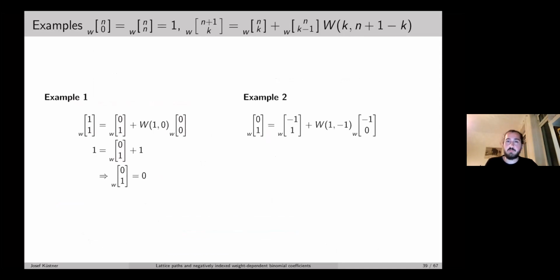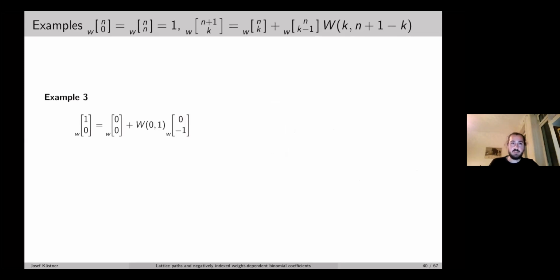Then we want to do some minus signs. We know that 0 choose 1 is 0 from example 1. We know that minus 1 choose 0 is 1 from the initial conditions. So we can compute minus 1 choose 1, which is now minus this big weight at 1, minus 1, or expressed as small weights, minus the small weight of 1, 0 to the power of minus 1, because the product goes down.